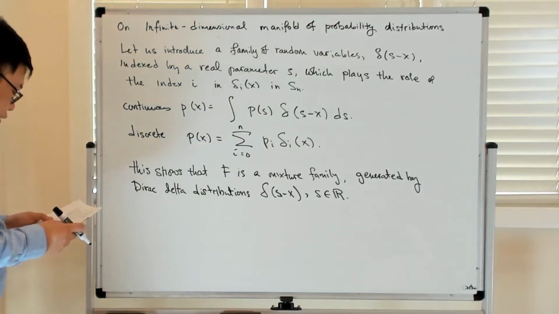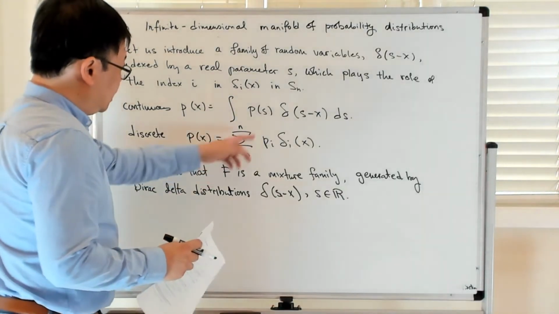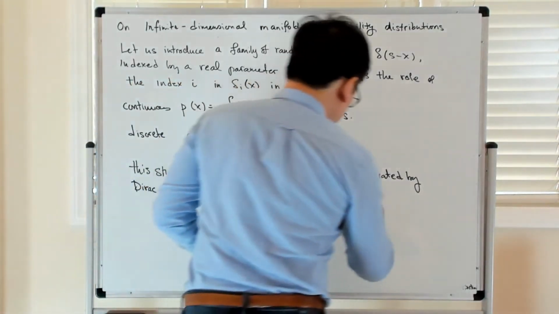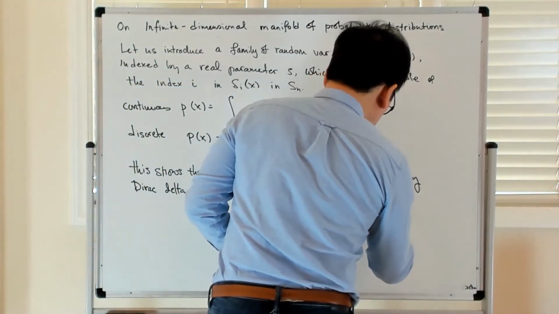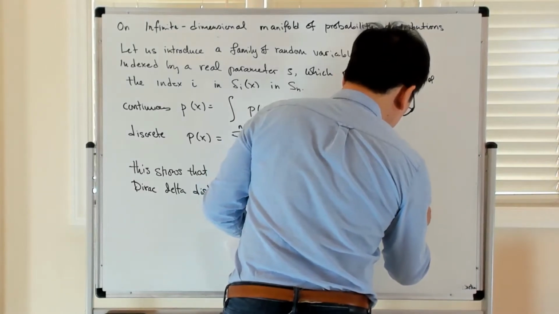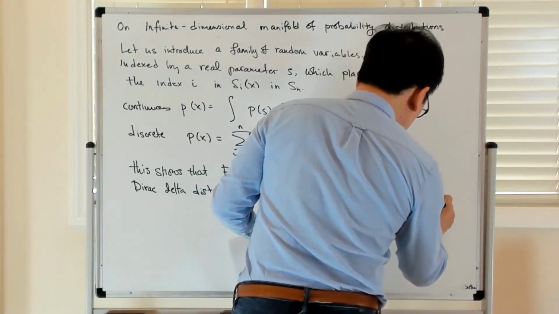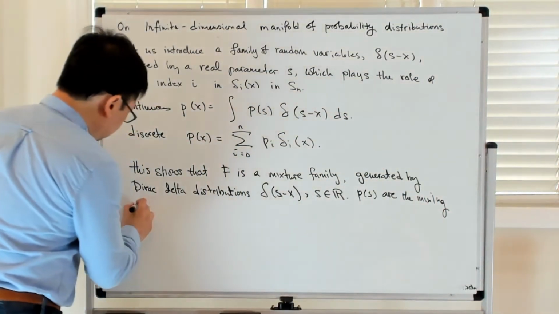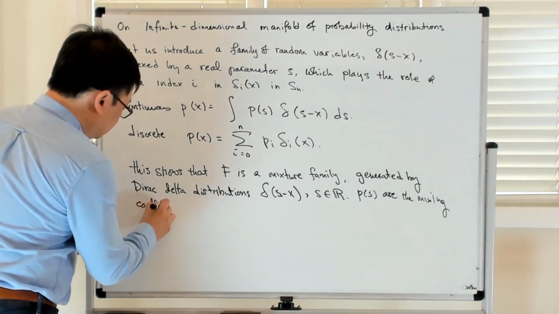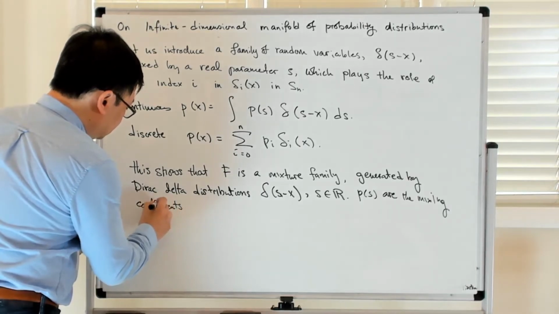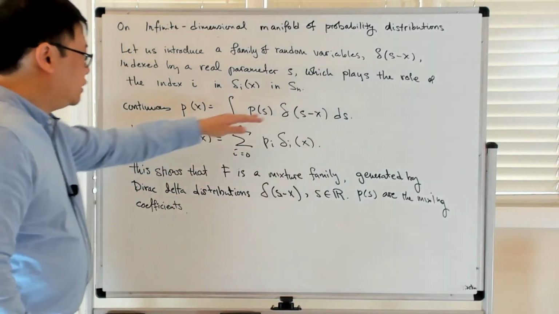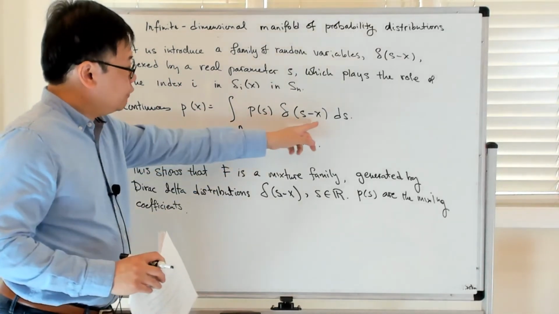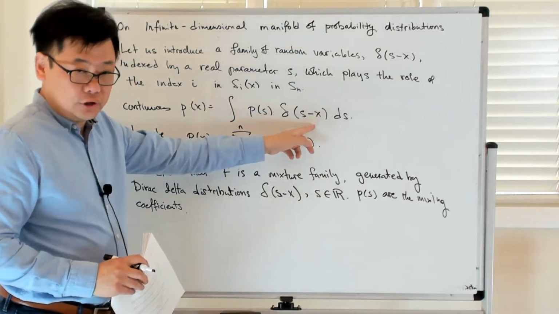Okay, and then the p_s are of course the mixing coefficients. And there's a clear sense in which this is essentially a convex combination of the Dirac delta functions, right?